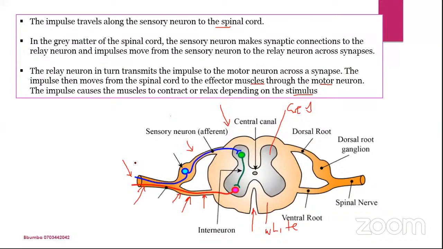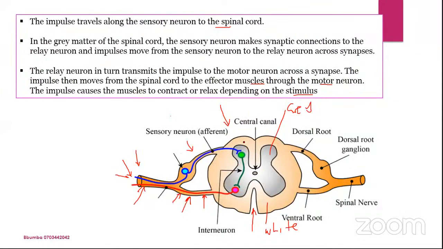You can see that up on the dorsal side, you are having this sensory neuron entering via the dorsal root. Okay, and always it has that swelling which is called, how do you call it? That ganglion, the dorsal root ganglion, where its cell body is. The cell body of the sensory neuron.